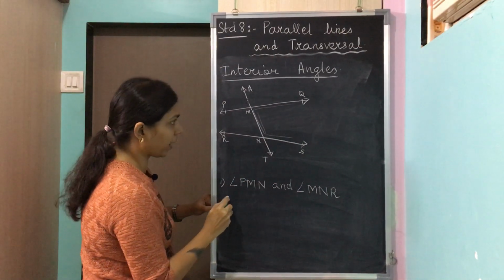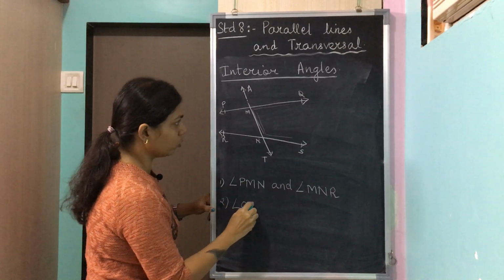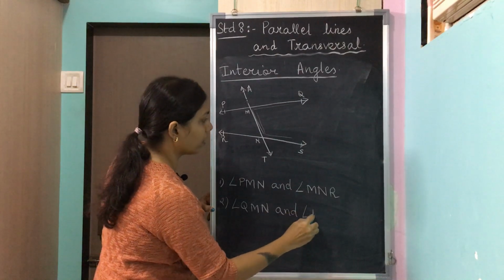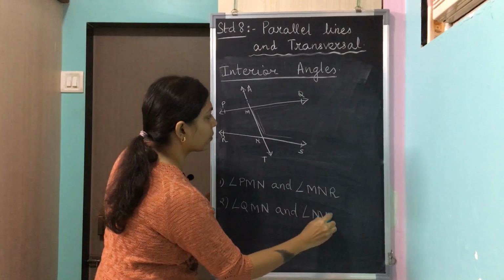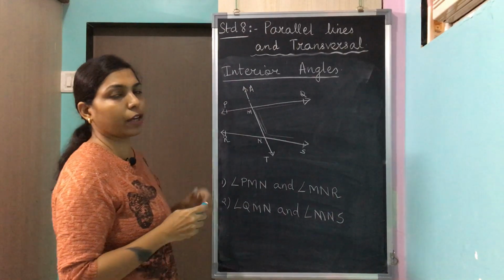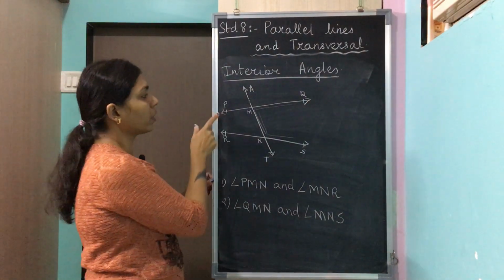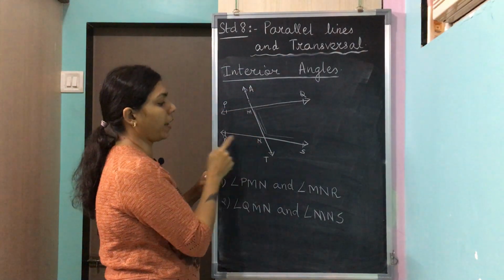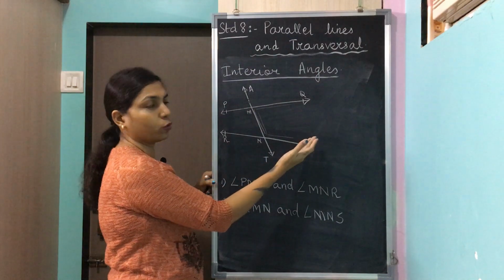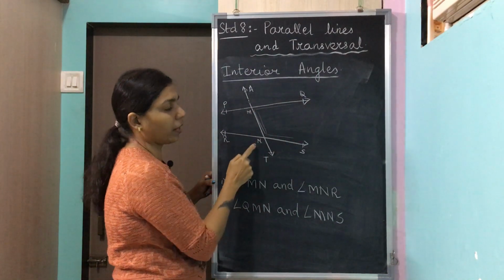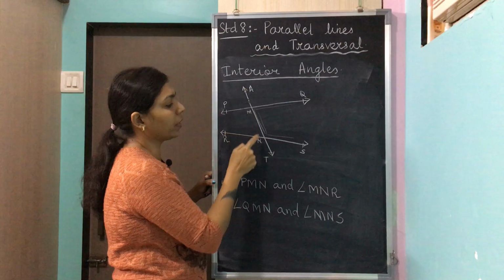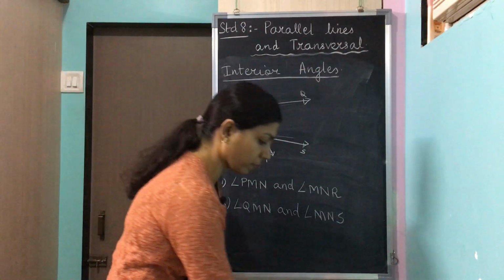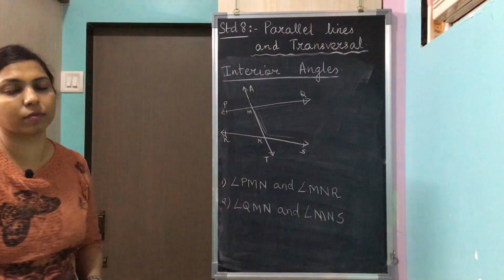So the second pair of angles is angle QMN and angle MNS. So these are your two pairs of interior angles, angle PMN and angle MNR, and on this side you have angle QMN and angle MNS. So these are your interior angles. Please copy it down.